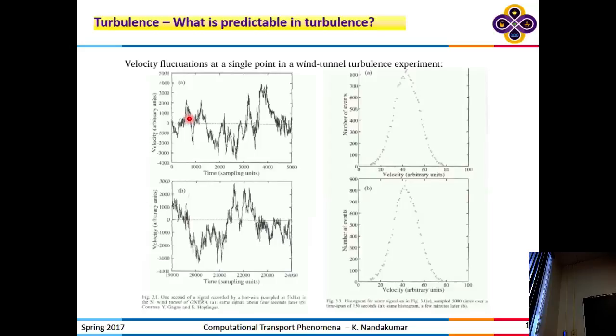So I know the mean, I know the standard deviation of the distribution. Now I ask the question: I'm going to do this experiment once, get the data, come back and do the experiment again, and I get a different velocity time series, but does it have the same statistics? And the answer is yes. So that is the invariant thing in those two signals.